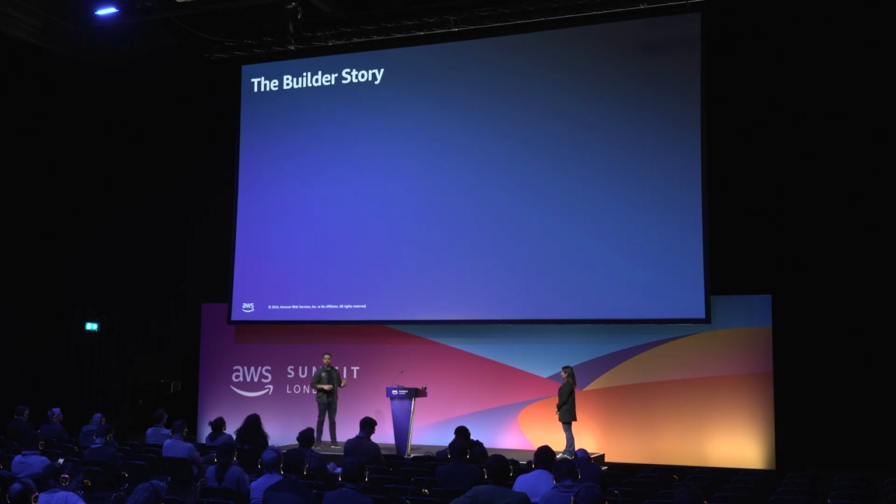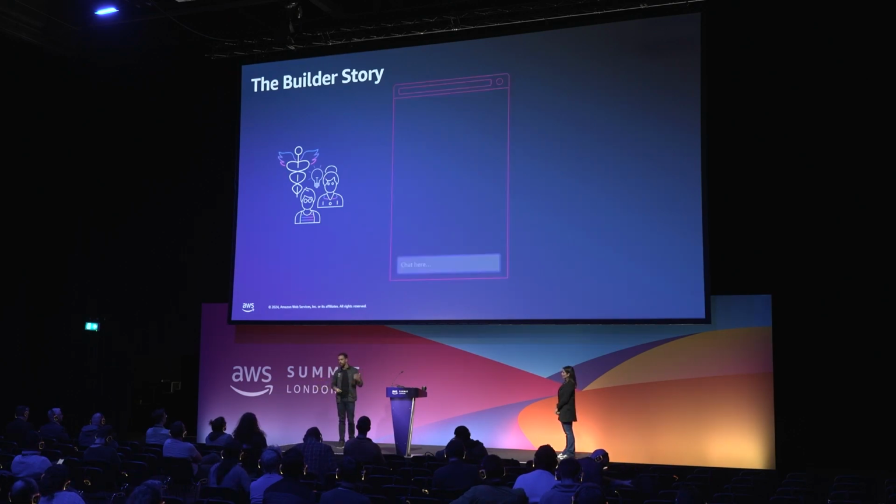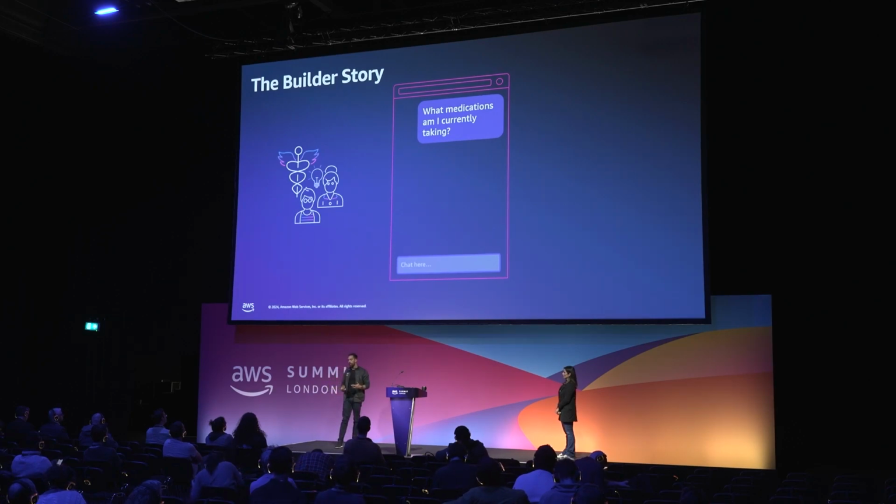But I want to set the scene. Imagine you are a builder in a healthcare organization, and the business has heard of this thing called GenAI. They've decided that you should be building a chatbot. This chatbot is going to be taking some medical history, and it's going to allow the user to ask in natural language what medications am I currently taking.